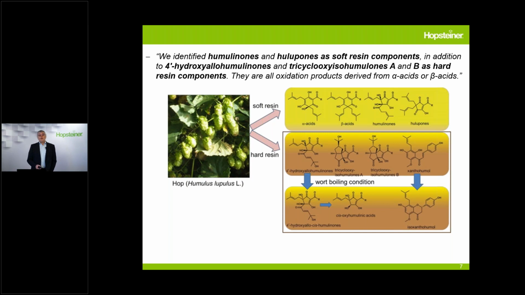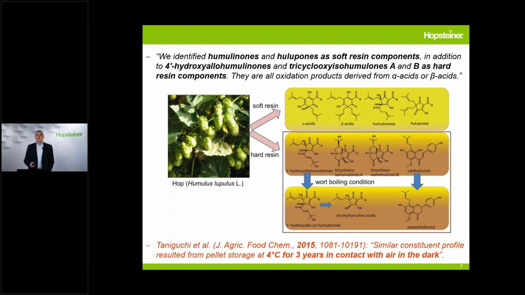As I told you before, the first paper was on storage of hops under forced conditions, but one year later, the same authors reported that a similar constituent profile resulted from pellet storage at 4 degrees for 3 years in contact with air in the dark.